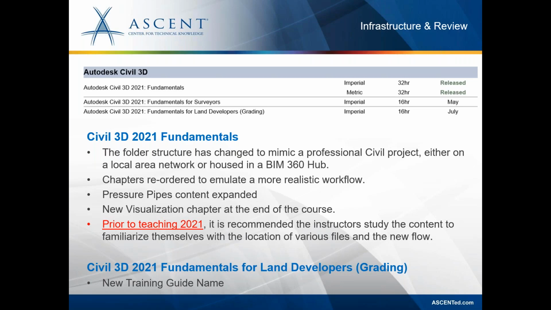So the folder structure has been changed to mimic the type of professional folders that you would find within a typical project. I reordered the chapters within the Fundamentals course to emulate a more realistic workflow.